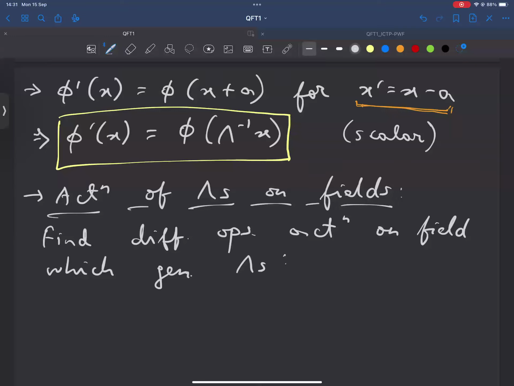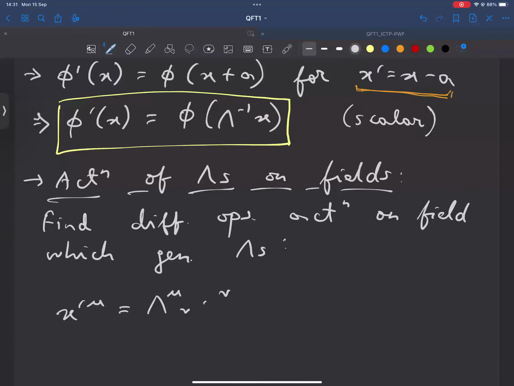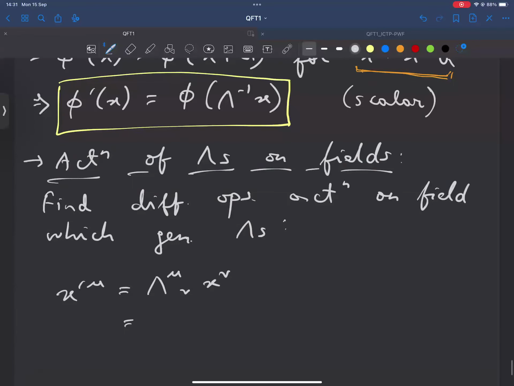Now, as you know, on vectors first, x prime mu for a Lorentz transformation looks like this. And we know that this is nothing but a finite version of this guy, right? As we argued last time.